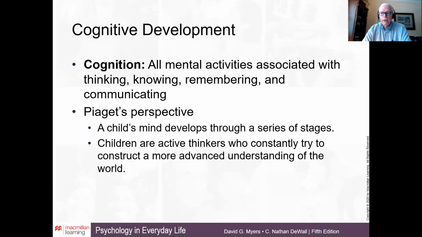And Jean Piaget, who was a Swiss psychologist in the 20th century, made significant contributions to an understanding of cognitive development through his studies of children and adolescents, and he helped us gain a better understanding of how children change as they grow up.